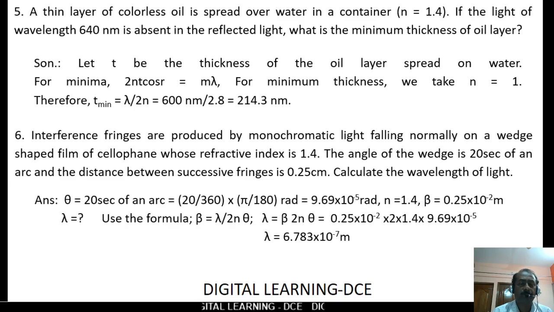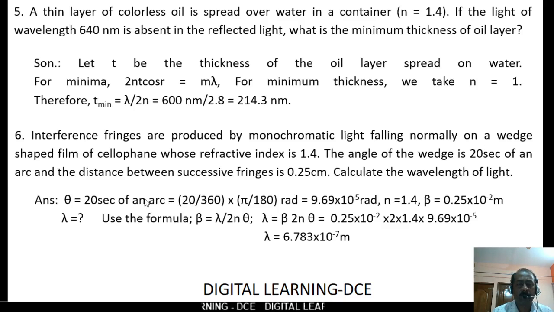For this one, you can use the formula beta equals lambda by 2n theta. This is based on the wedge-shaped film. In the above problem, the angle of the wedge is given as 20 seconds of an arc. Just convert this into radian.